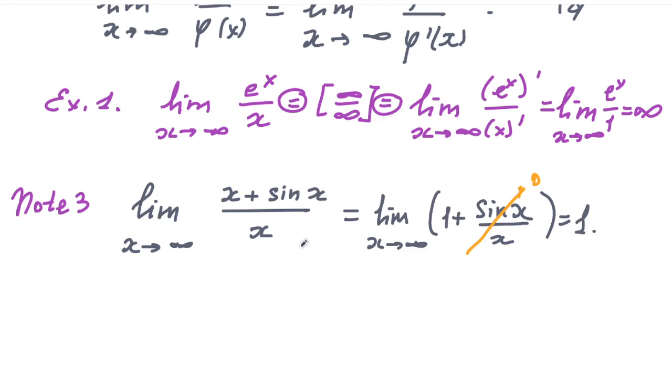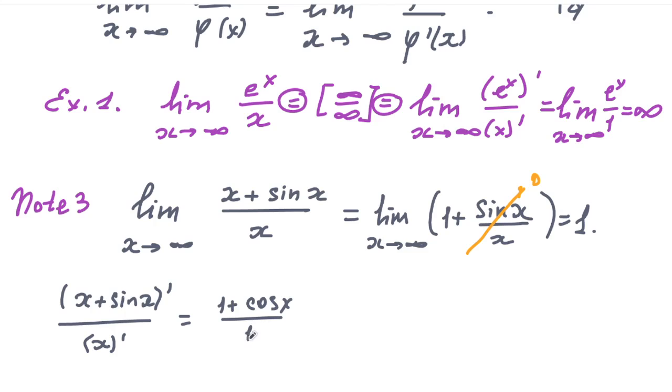By the ratio of derivatives, the derivative of x plus sine of x and of x gives 1 plus cosine of x over 1, or just 1 plus cosine of x.